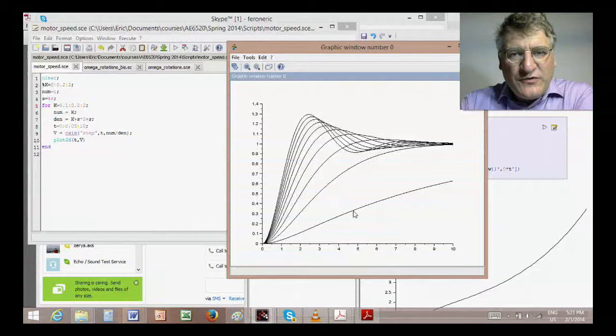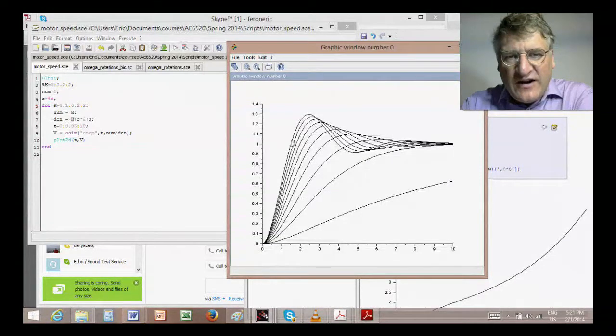This value corresponds to k equals 0.1, and then you have increasing values of k here. And what you see is you have a set of responses, given that the desired response is here at 1.